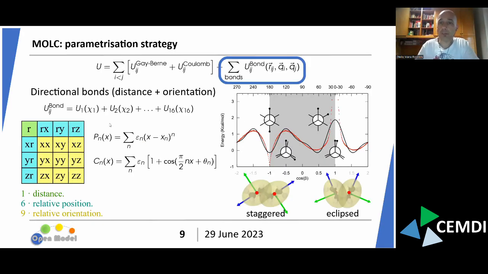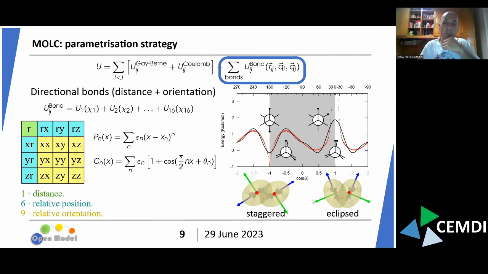And the last term is a bonded term to keep these beads together. They can overlap in space, and so this allows us, as I said, to better reproduce the excluded volume of the molecule.